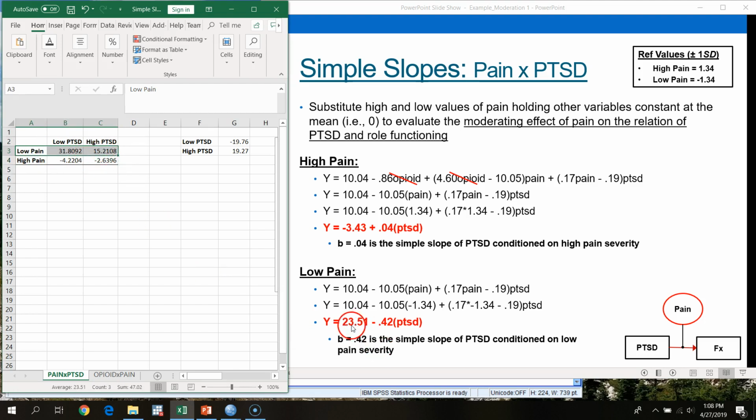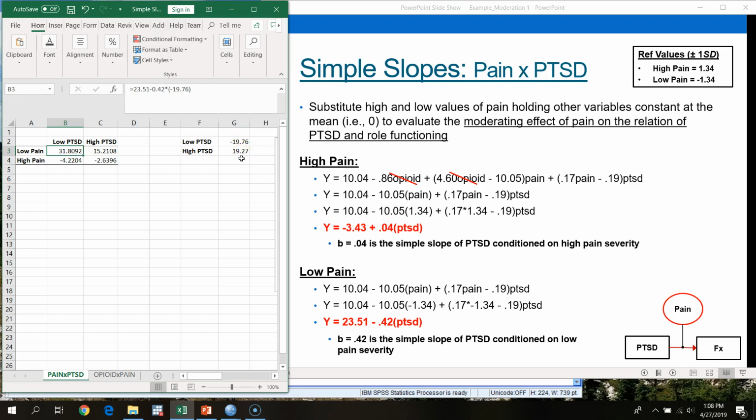My equation is 23.51 minus 0.42 PTSD. So here in Excel, in this cell, we just hit equals and then plug in the equation: 23.51 minus 0.42 times low levels of PTSD. Again, this is just a standard deviation above and below your centered PTSD variable.